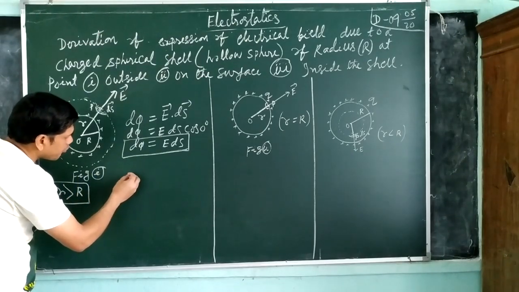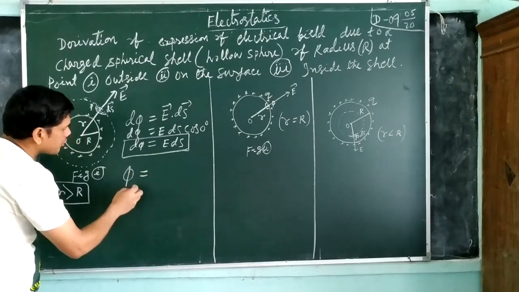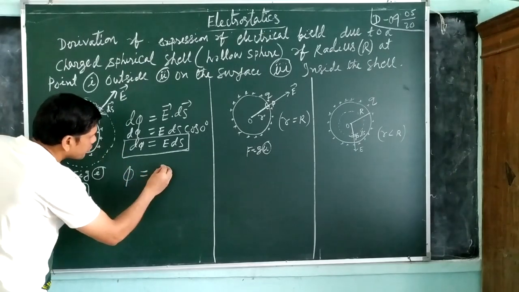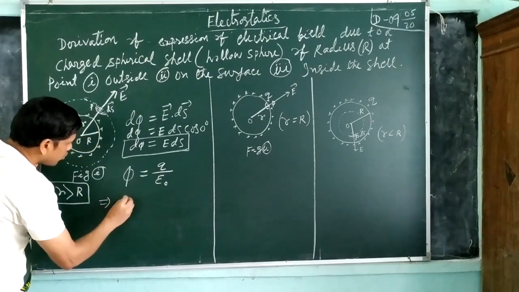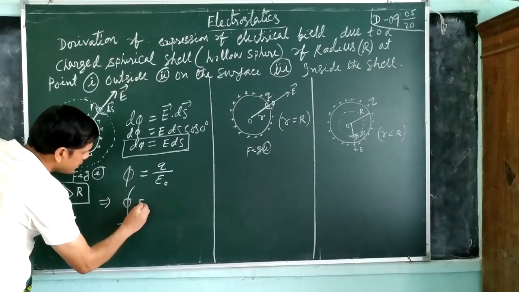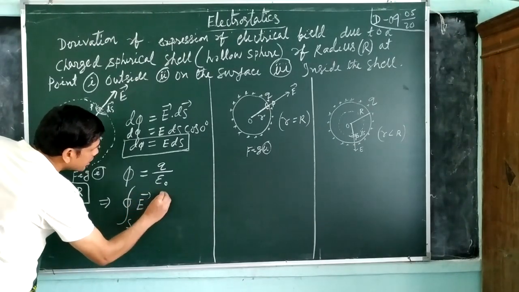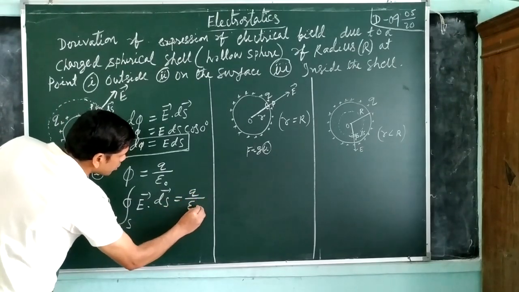So, by the mathematical form of Gauss theorem, phi, the total electric flux passing through this closed surface, equals Q by epsilon naught. Now, in place of phi, we can put this expression: closed surface integration of E dot ds equals Q by epsilon naught.